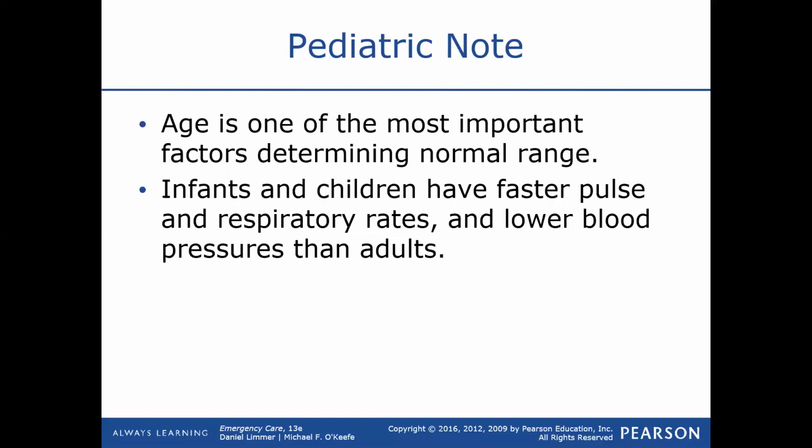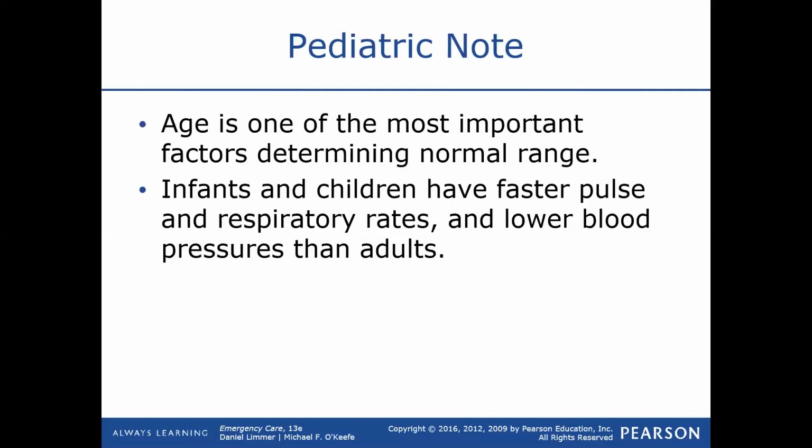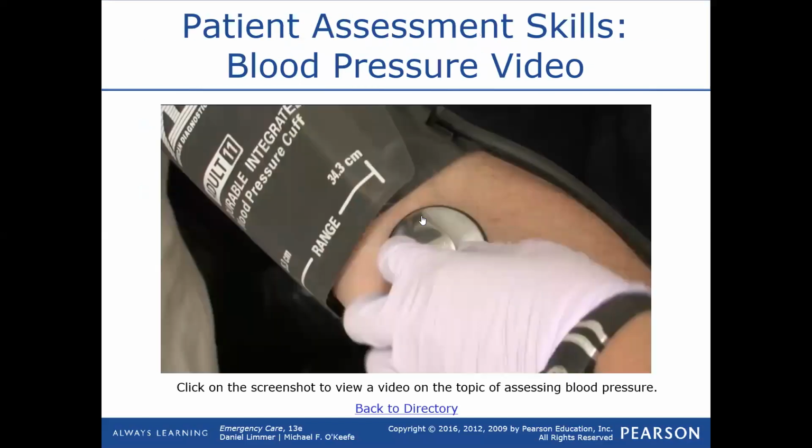So they have faster pulses, faster respiratory rates, and lower blood pressures than adults. Everything kind of comes together as you age, but we should be aware of that. And you don't need to memorize the vital signs for kids, but just know that they're a little bit different. We're going to be focusing on normal adult vital signs in this class.